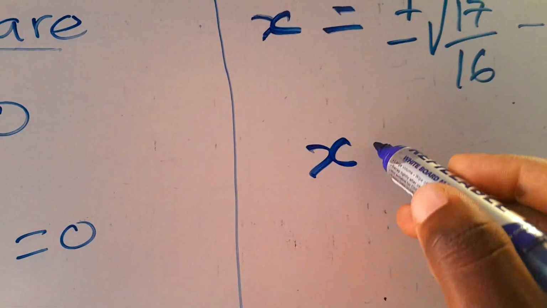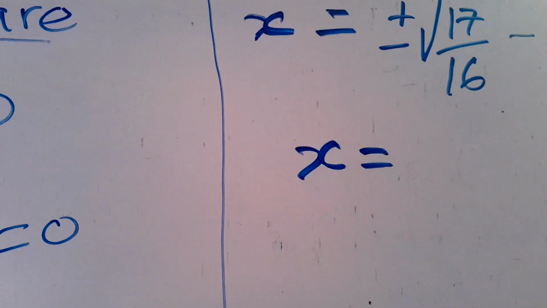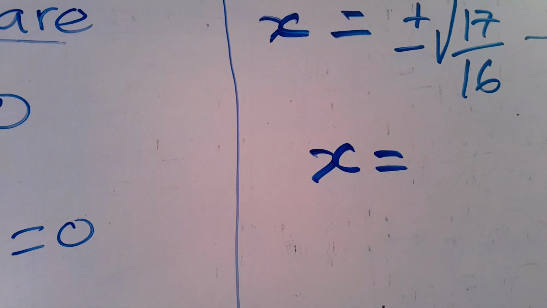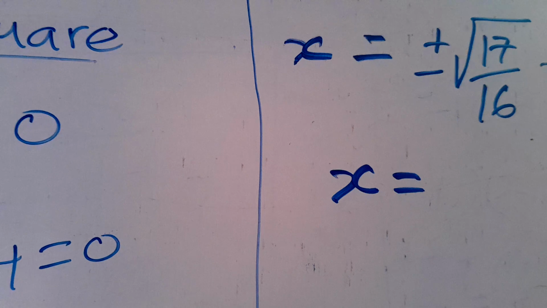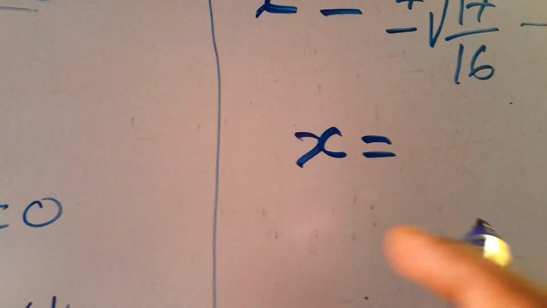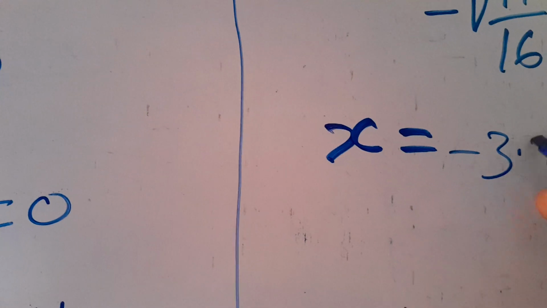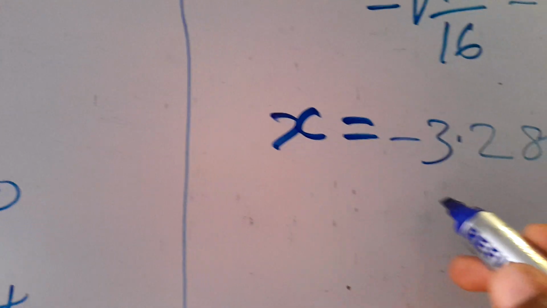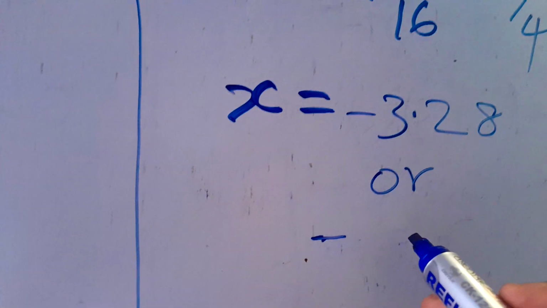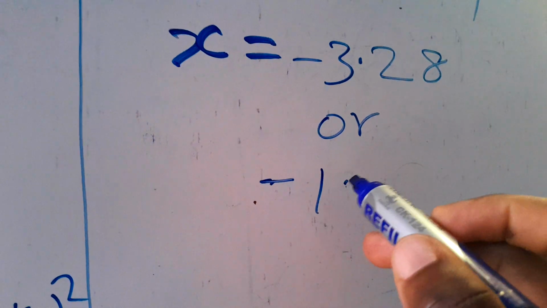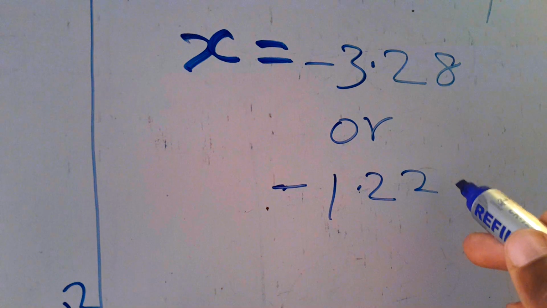Now, when we solve this, we use our calculator to solve that one out. The value of x is negative 3.28 or negative 1.229.